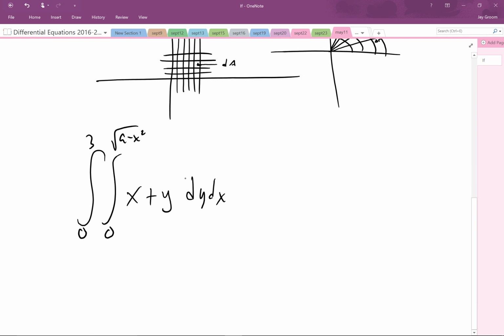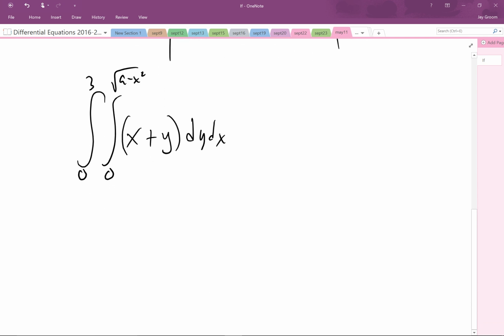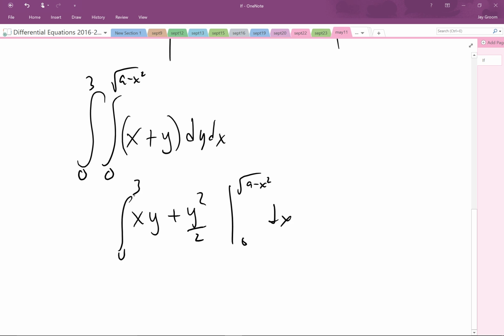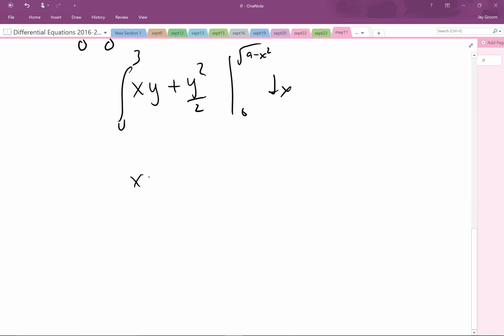So let's go ahead and punch this out the way it is. Notice how, back in the day, this would be hard. You'd plug it in, and you'd get x times the square root of 9 minus x squared plus 9 minus x squared, over 2.